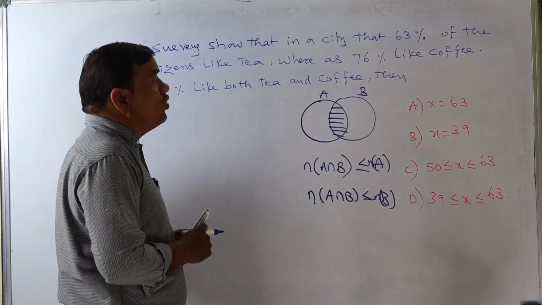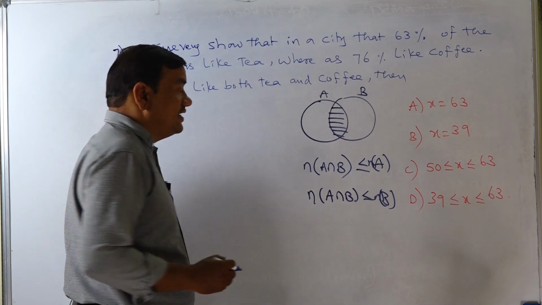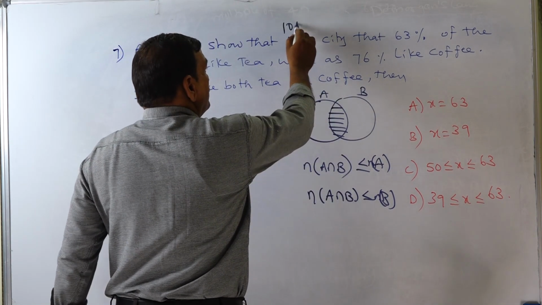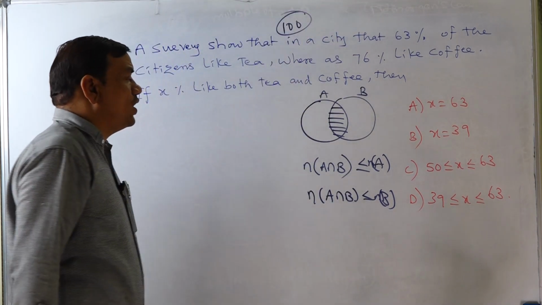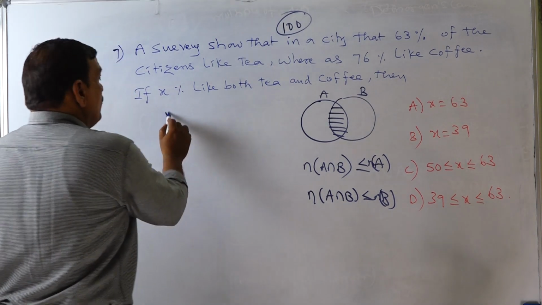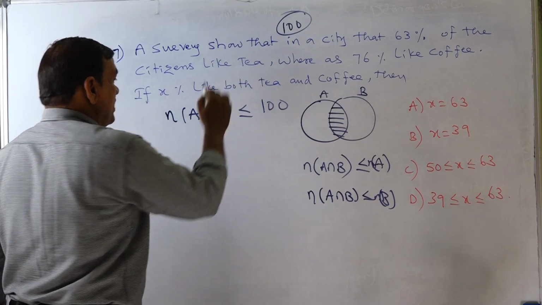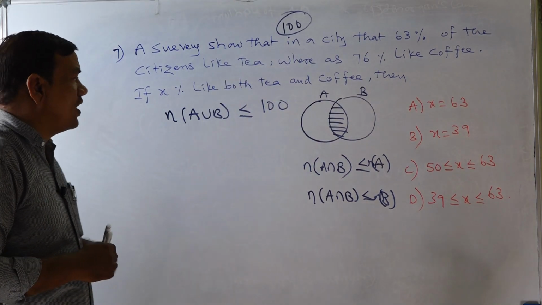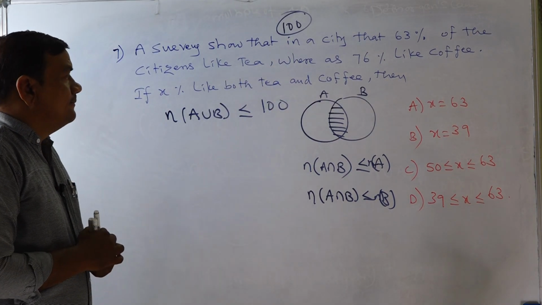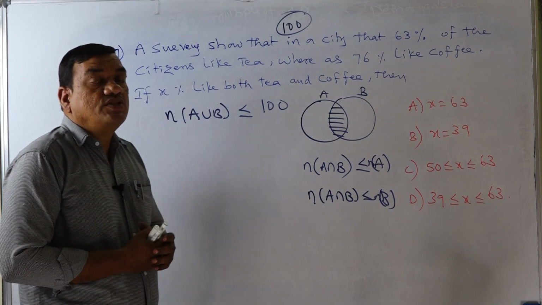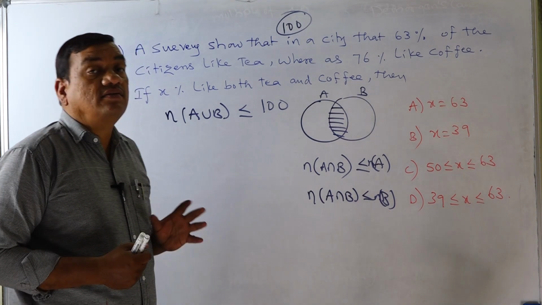And one more inequality that you have to learn is, if there are 100 persons in a locality, then N of A union B is less than or equal to 100. Why? Because there are some citizens who do not like tea and coffee.